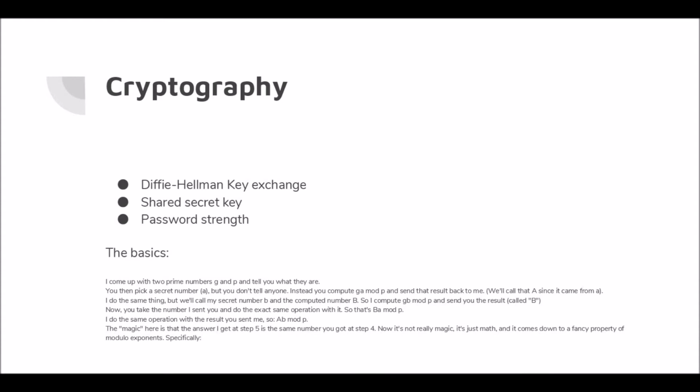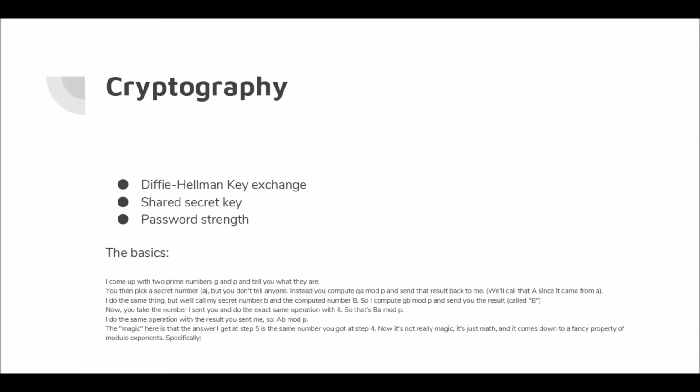Then we send each other those results and do the same operation as before, and the magic happens. They're inverses in math, and they undo each other, and we'll know the shared secret without anyone across the line seeing what it is. It's actually really cool. You can look it up if you want more information.